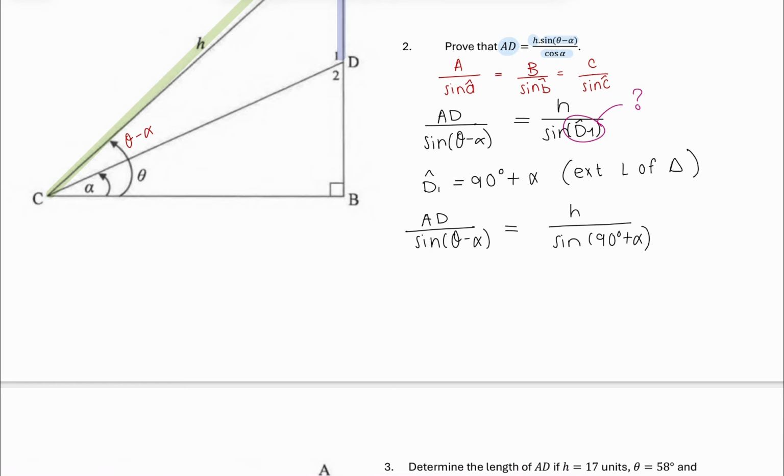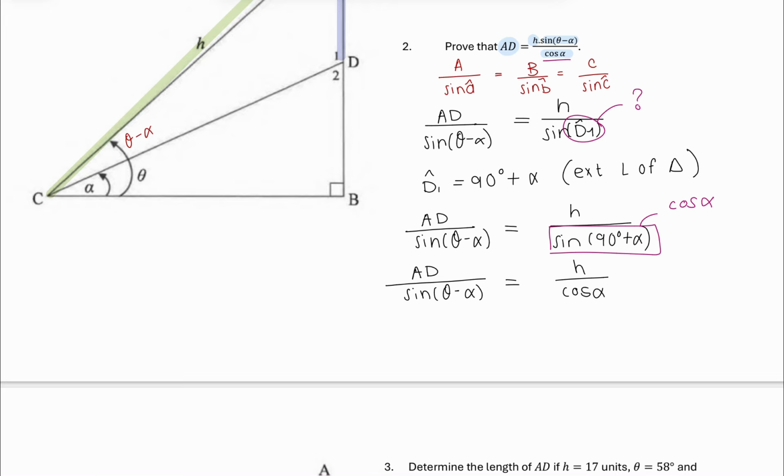Now you're going to see where we came up with our cos alpha, because this here is a cofunction, which will change to our cos alpha. All right, now we need to quickly go and fill in the rest. We have AD over sine theta minus alpha equals H over cos alpha.